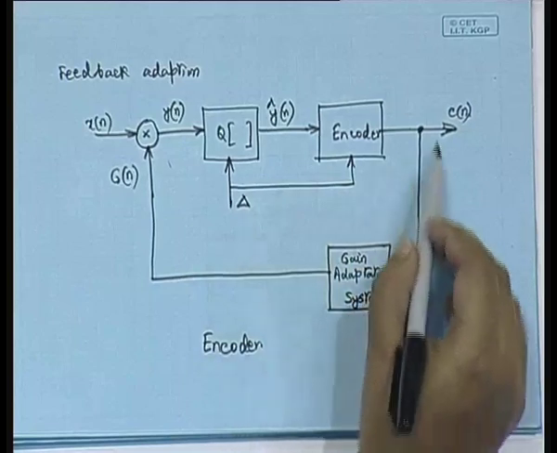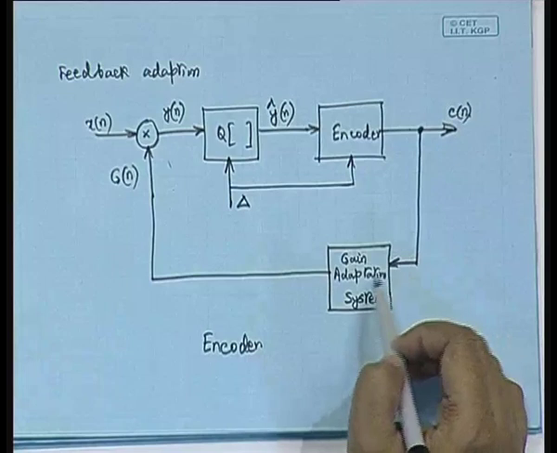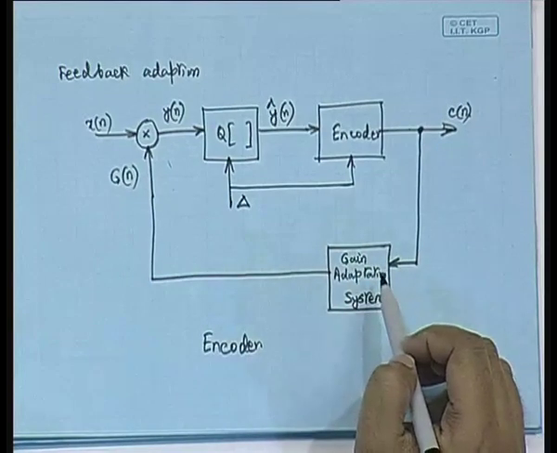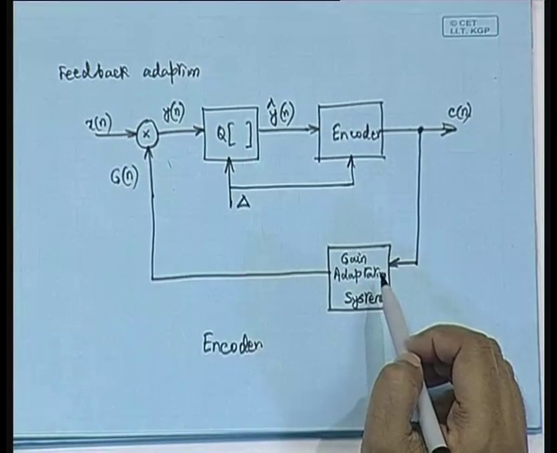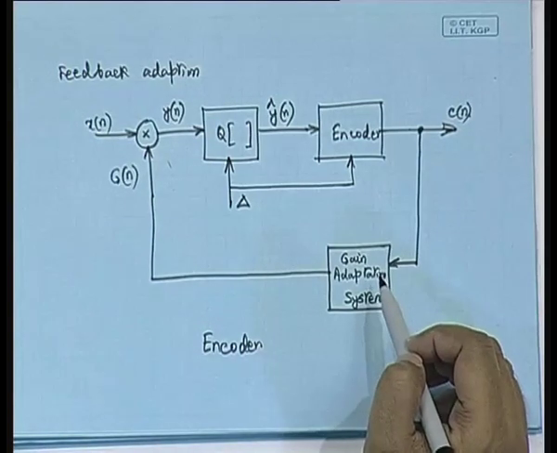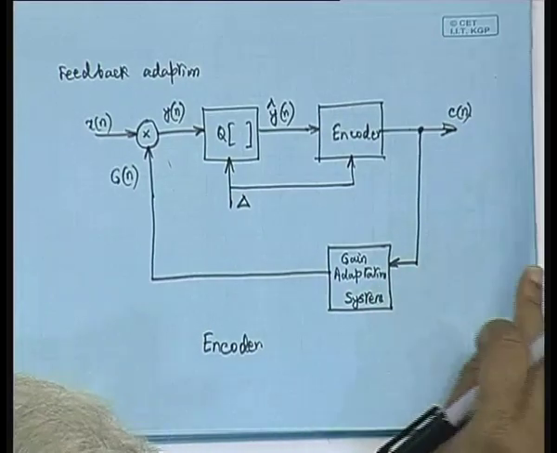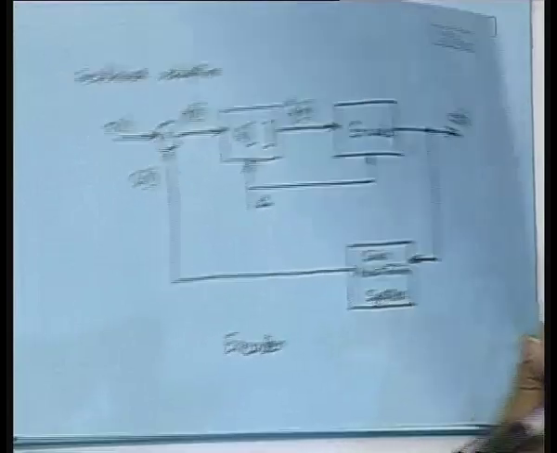So the output code word will have some sensitivity to error, which will influence the gain adaptation system, or next time we are going to talk about the step size adaptation system. Accordingly it is more sensitive to error as compared to the feed forward adaptation which we had seen earlier. So feed forward adaptation, let us see now.